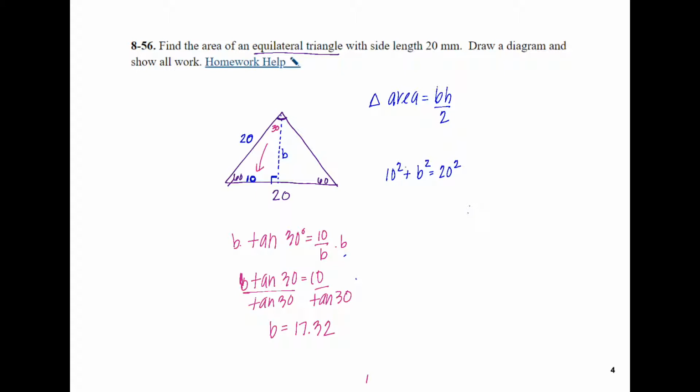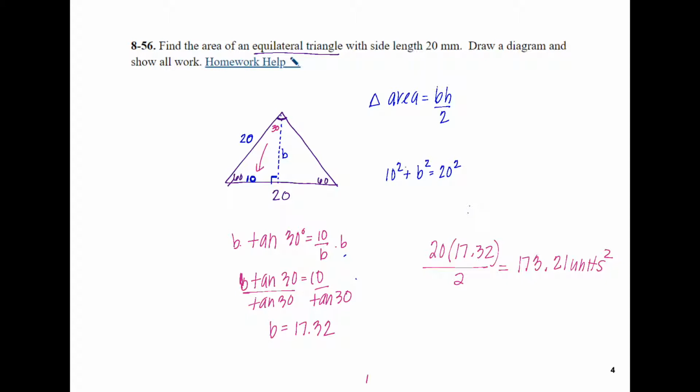When you find the area of your triangle, you take 20 times that number, divide that by 2, and you get the area. So 20 times 17.32 divided by 2 tells us the area is approximately 173.21 units squared.